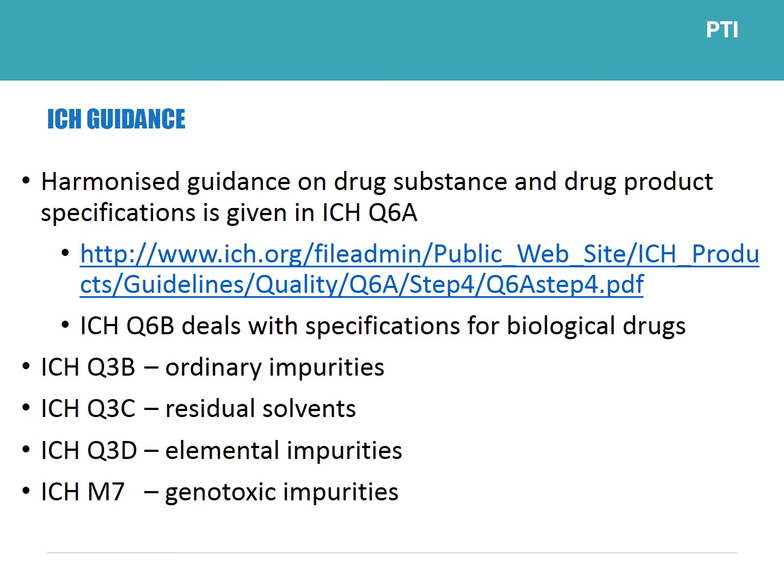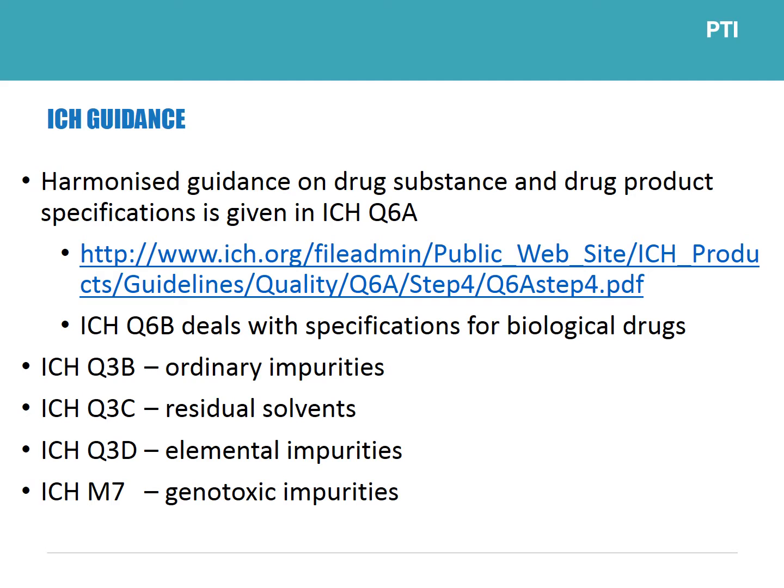The following ICH guidances are important references for specification setting. ICH Q6A sets guidance on drug substance and drug product specifications. Q6B, by the way, deals with specifications for biological drugs, which we won't be discussing today. Q3B is ordinary impurities. Q3C is residual solvents.